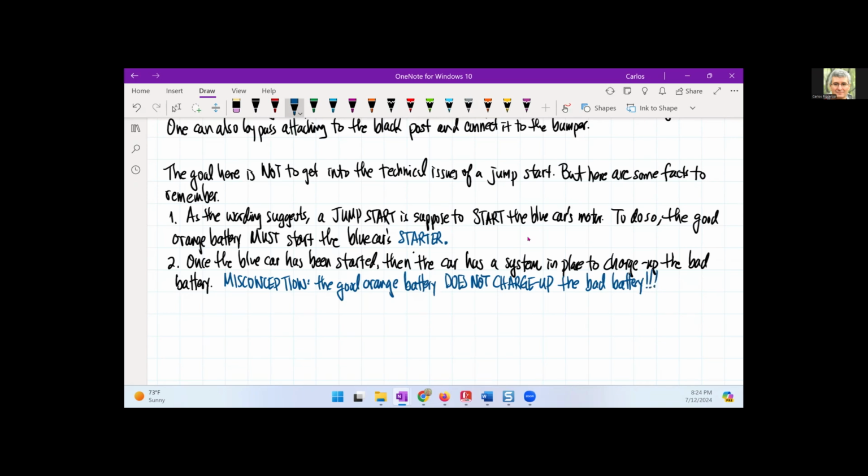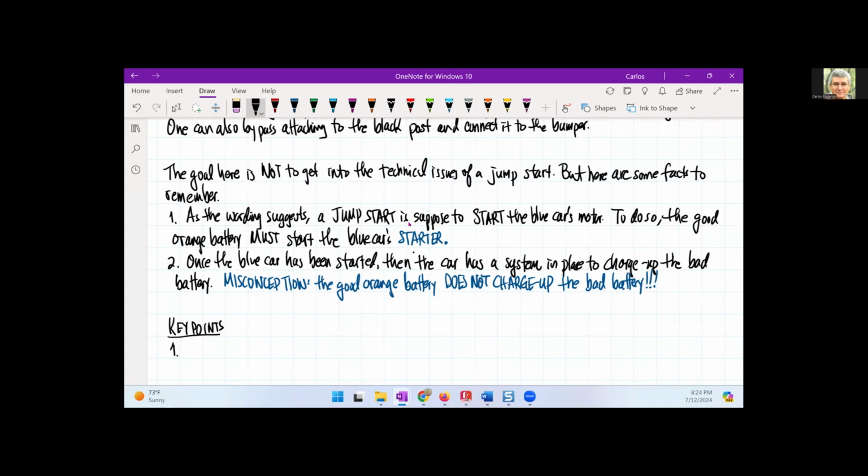It does not charge up the battery. So now let's get into the physics here. So I would say that these are the key points. So the key points then go something like this.